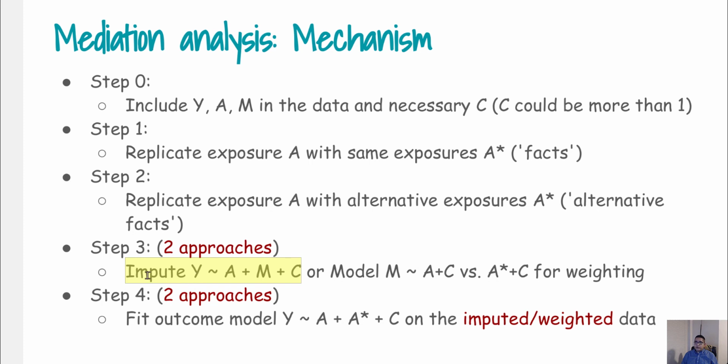Because if you take the imputation approach, then there is one way to approach step 4. But if you take the route of weighting, then obviously our final outcome dataset will be different, because that dataset will be weighted, right?